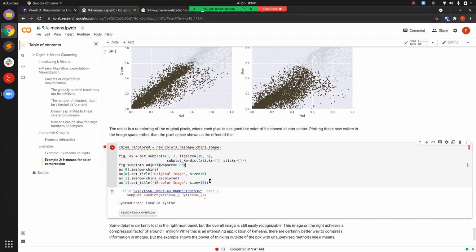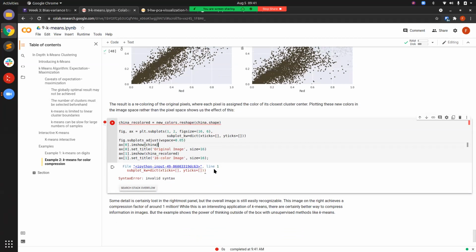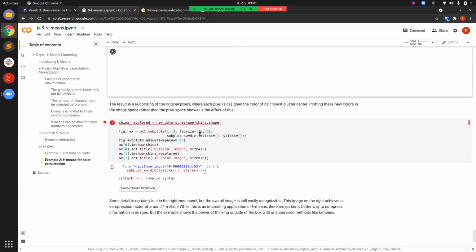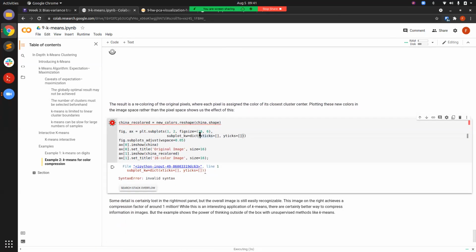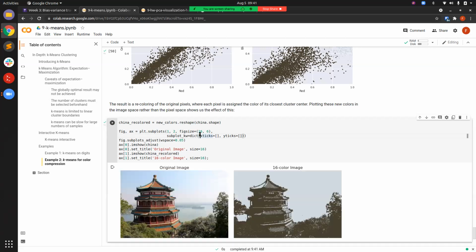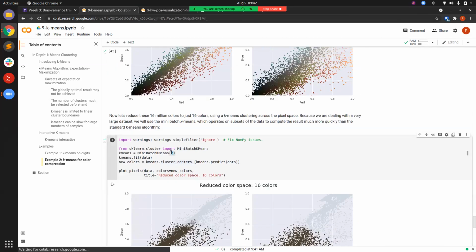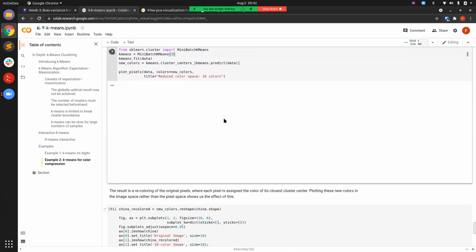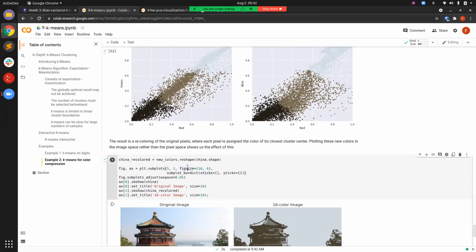Okay, so if we use 2 clusters, for example, we can kind of distinguish between foreground and background. And we can do something similar with other numbers of clusters to try and group together different parts of the image.